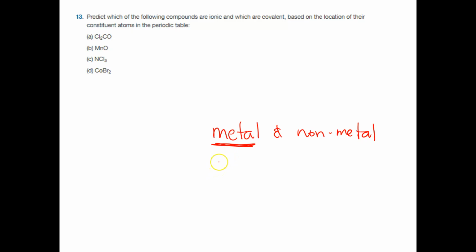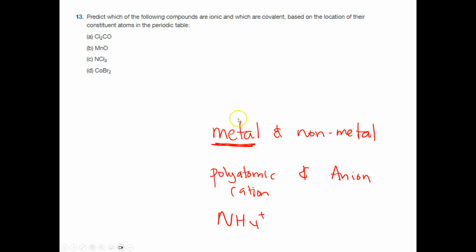The only other possibility is that you have a polyatomic cation and then some kind of other anion. The most common polyatomic cation would be the ammonium ion. So we'd be looking for the formula beginning with a metal or beginning with NH4.